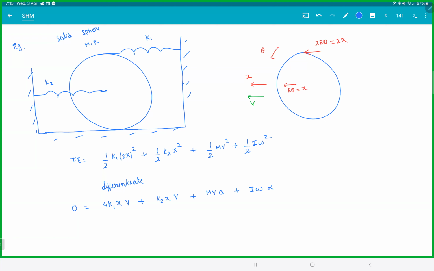I is how much? Solid sphere, 2 by 5 mr square. This would be minus 4k1 plus k2 into x, plus ma, plus 2 by 5 mr square, and 1 r omega will cancel, so 2 by 5 ma. We will get 5 by 7.